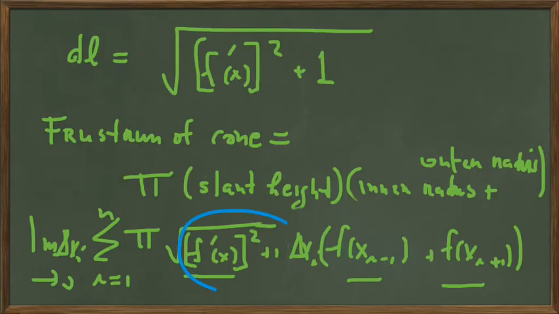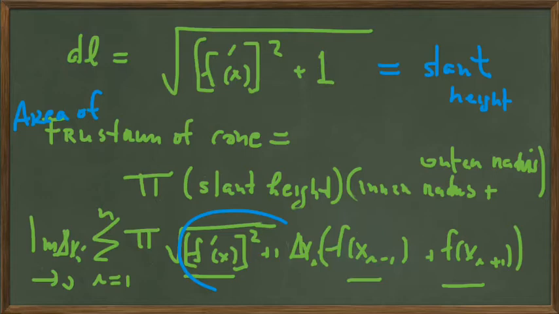So we've got all the parts here written out. That slant line length is this same length that we found using the arc length formula in the previous video. The area of the frustum of a cone is calculated by pi times this slant height, times the inner radius plus the outer radius.